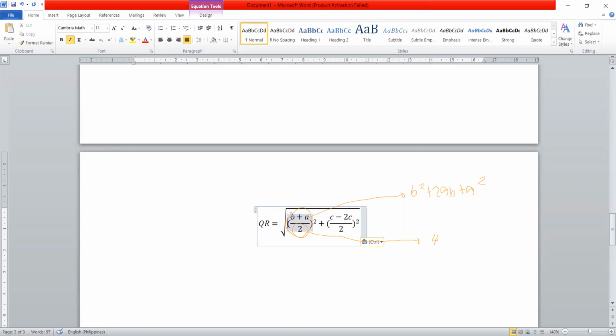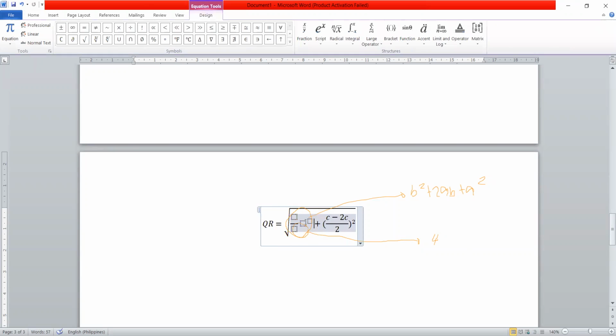We'll have here b squared plus 2ab plus a squared. And for your denominator, you'll have 4.